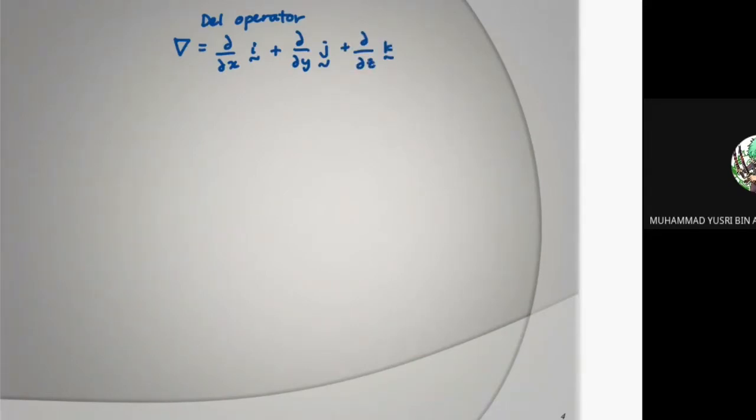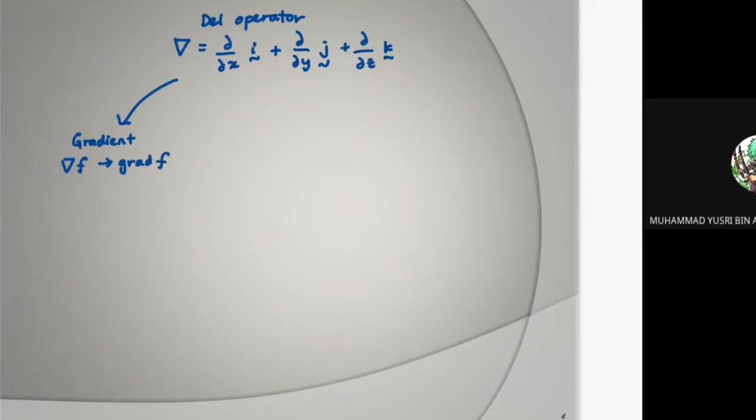So before we go any further, let me simplify this subtopic. Now you have the del or Nabla operator with this symbol, and this means the partial derivative del x i plus del y j plus del z k. So del operator can be used to find a gradient, which you can write like this, gradient f, or you can write like this, grad f.